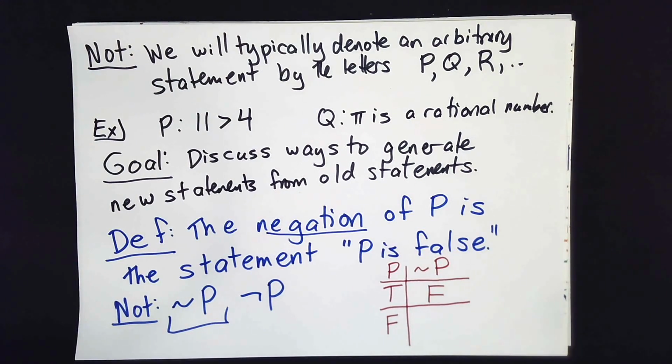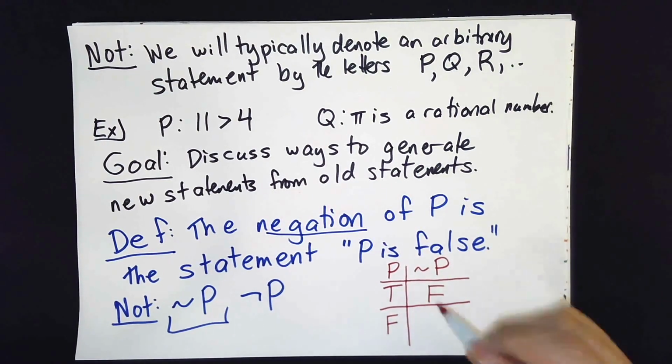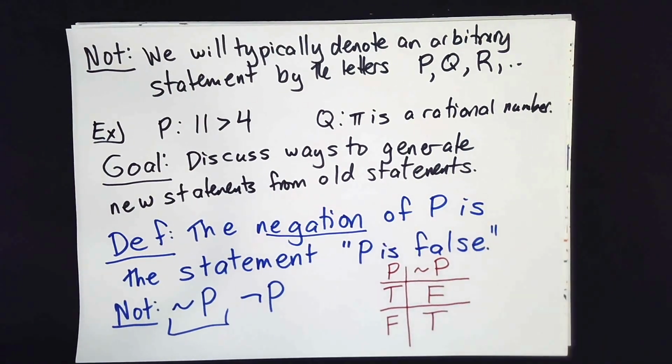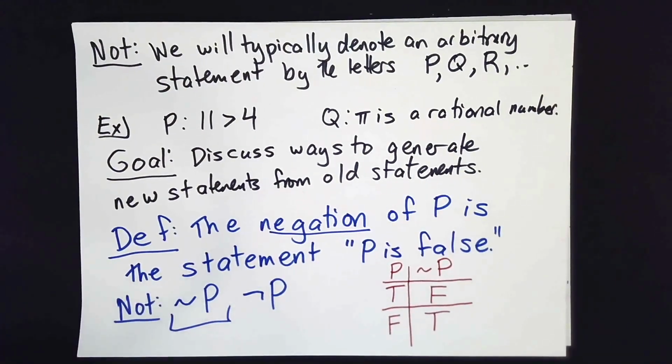If, on the other hand, P is false, then the negation of P is true. And so this little table is just explaining how negation changes the truth value of a statement. Really all this table is telling you is that negation flips the truth value of a statement. It flips trues to falses, and it flips falses to trues.